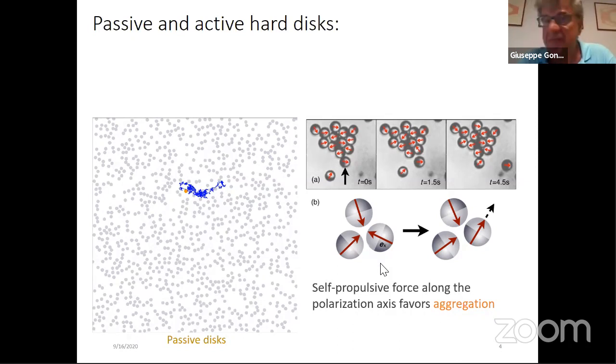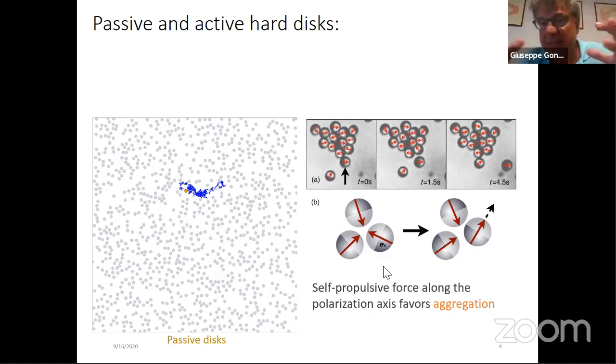Of course, if there are many of these, neglecting any sort of attraction, you have not only steric interaction due to the excluded volume, but also a sort of effective attraction. For example, if you look here at these three colloids, they all push towards the same point.